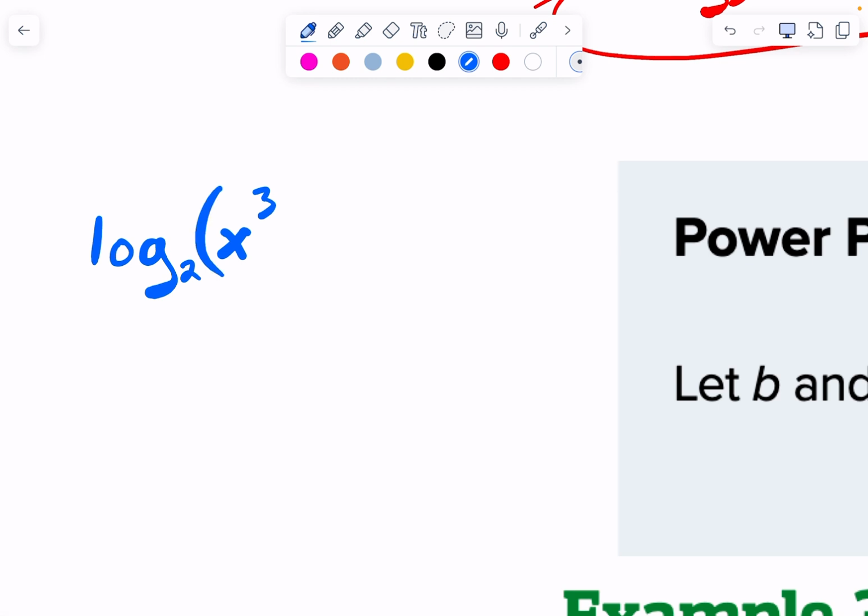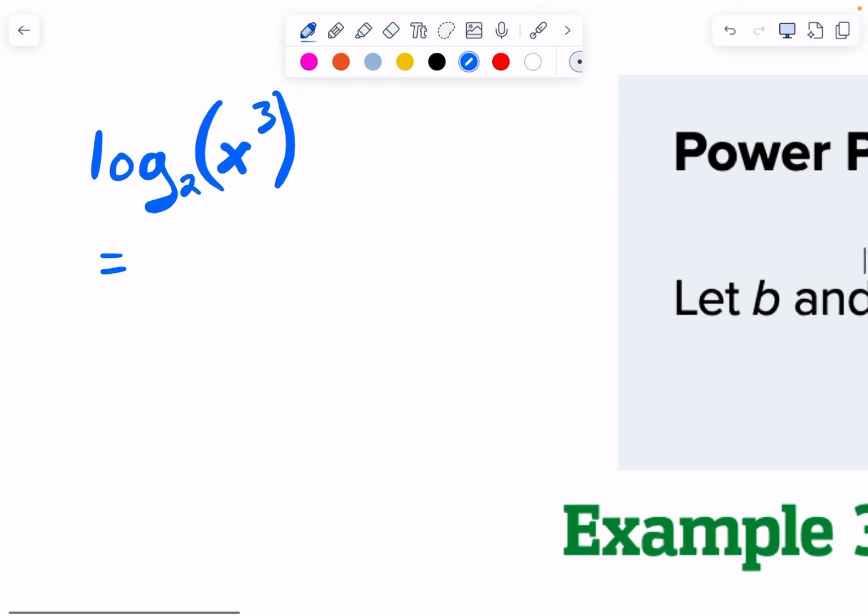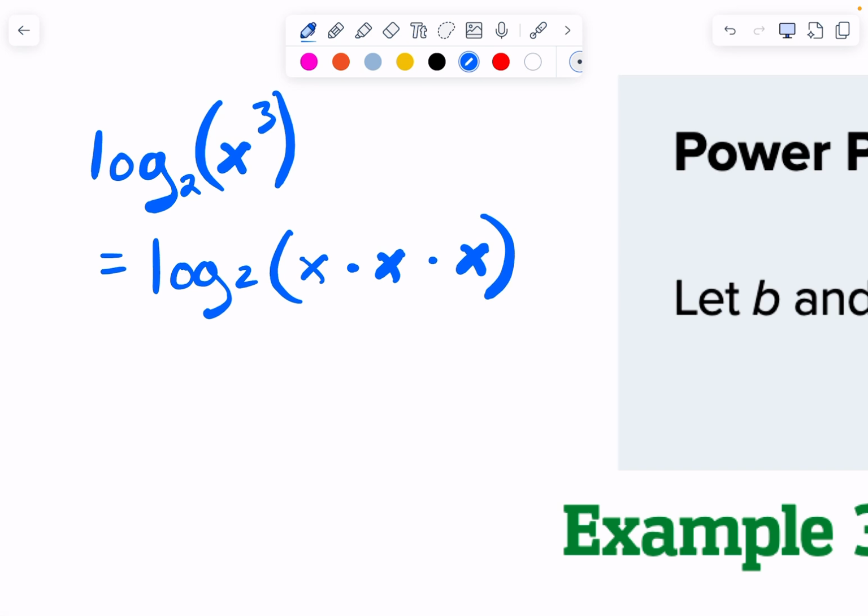So this stuff is inside of the log, right? What does x to the 3rd power mean? X times x times x, okay? But we know that multiply means add.